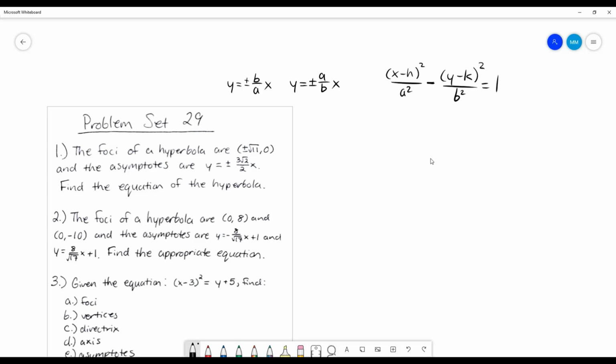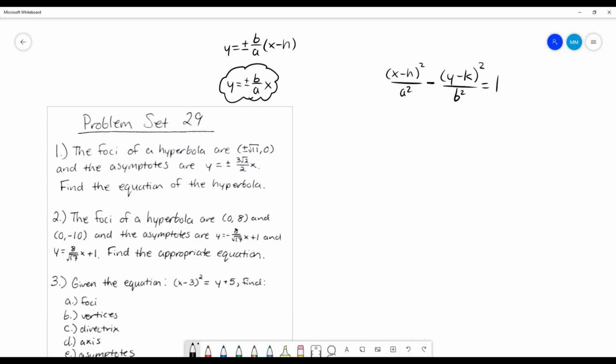Which means our asymptotes are going to be y equals plus or minus b over a times x. This is a little bit of an oversimplification, because it's technically b over a times x minus h, if it's not at 0.